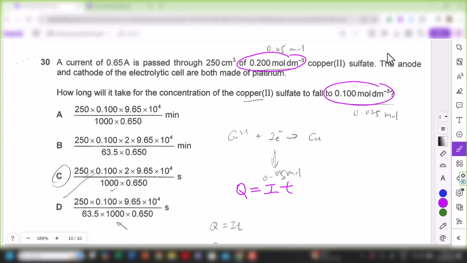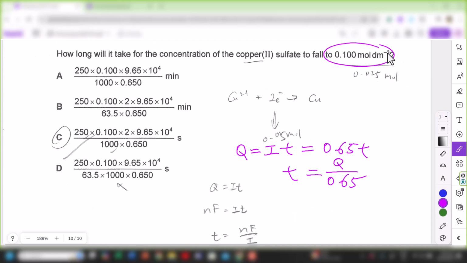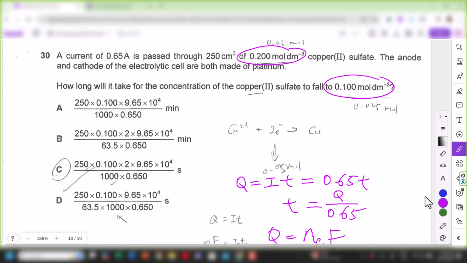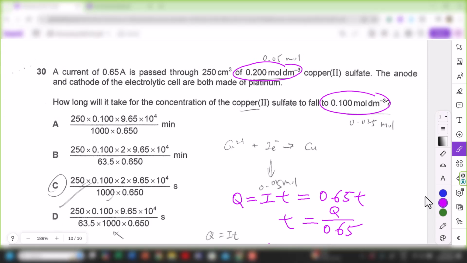We can quickly write out Q first. This equals 0.65 T. Therefore T equals Q divided by 0.65. Then we rewrite Q using the number of moles of electrons transferred and the Faraday constant.